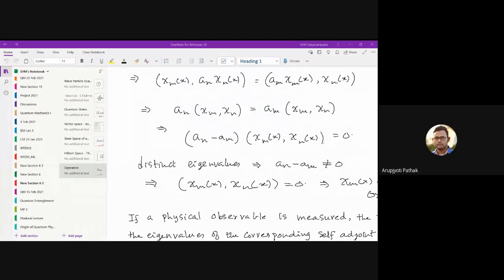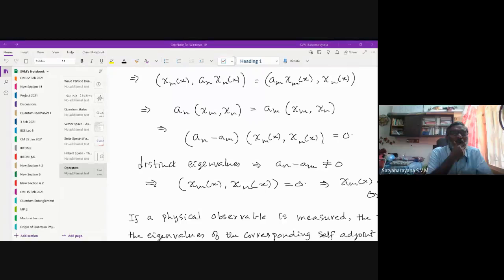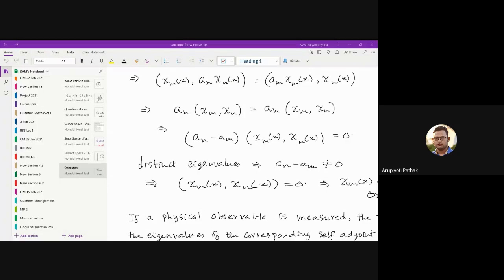Hello, sir. Sir, I have a doubt. Corresponding to all physical observables, operators need to be self-adjoint, as eigenvalues should be real. But sir, in a previous example, in the infinite dimensional case, there is some discrepancy. It is not self-adjoint. So should we consider a finite dimensional space or the infinite dimensional case?